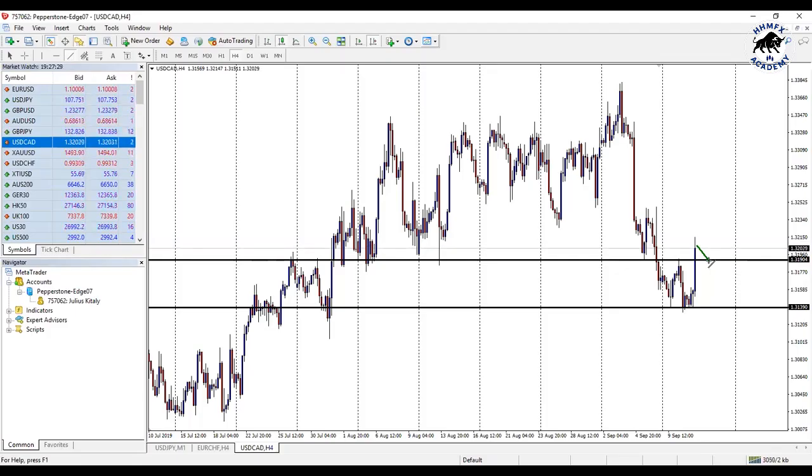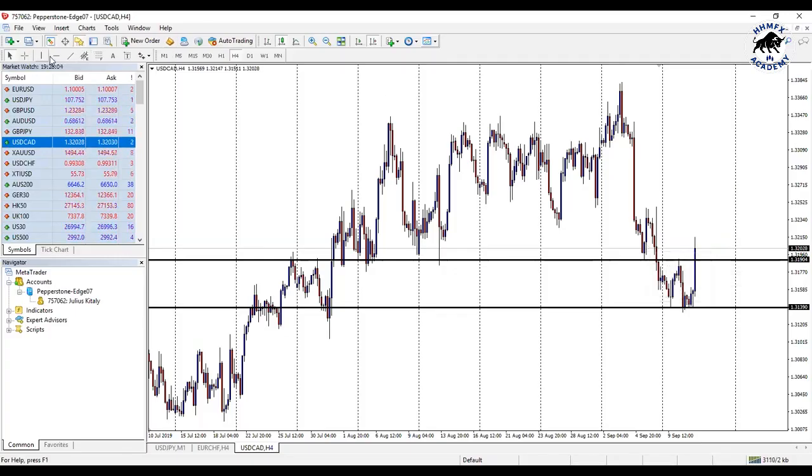I repeat again, the previous resistance becomes a support after the market passes through it. You can see, we expect the market to do a kind of retest at this support, in order to continue with an uptrend. So this was meant to explain more about this support.